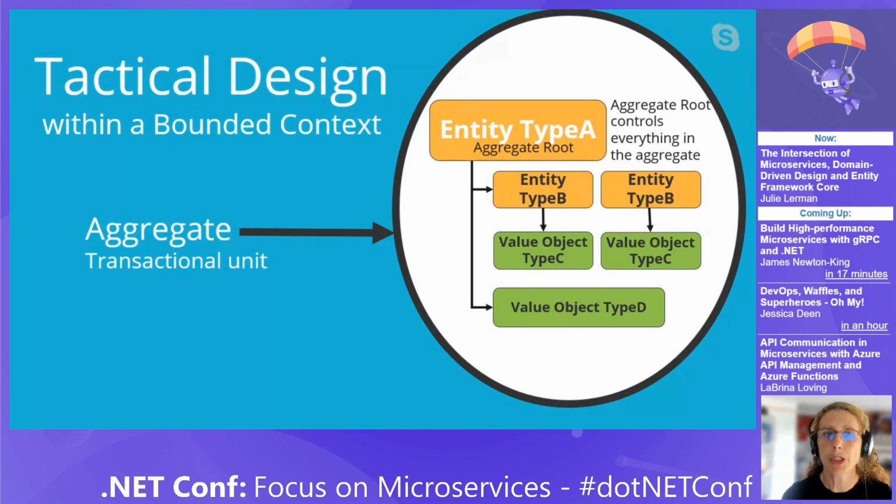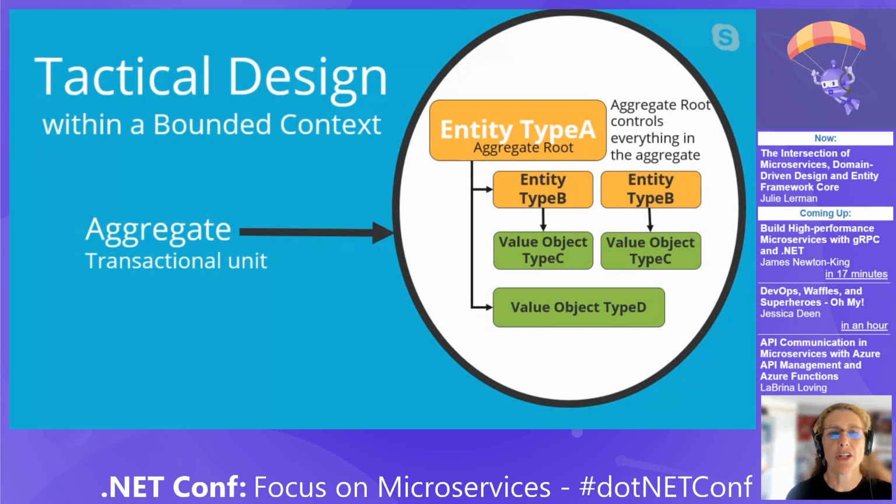This is really, really important. An aggregate root is in charge of what happens with everything else within the aggregate. So it's got all the rules for invariants and validation, et cetera, related to the various entities, properties, and value objects that are within the aggregate.